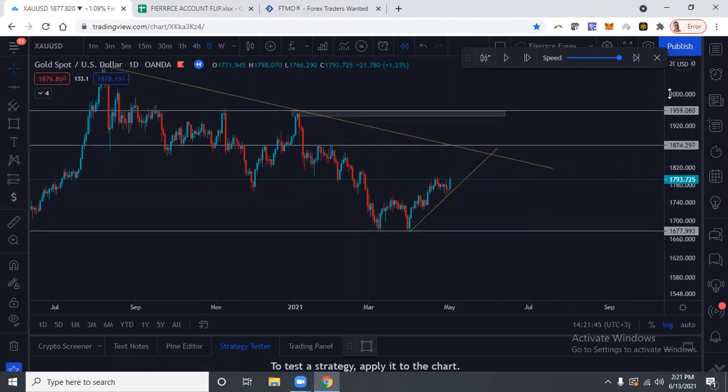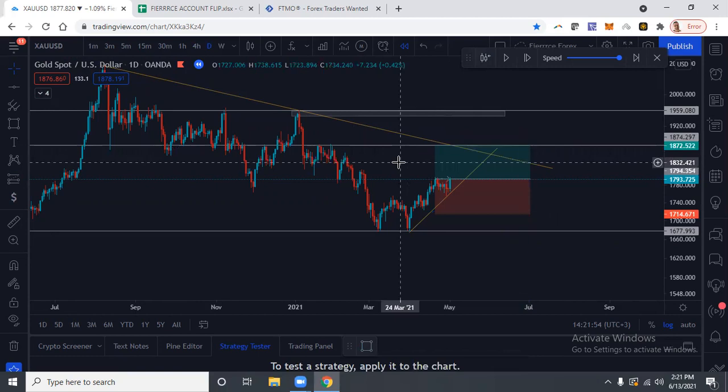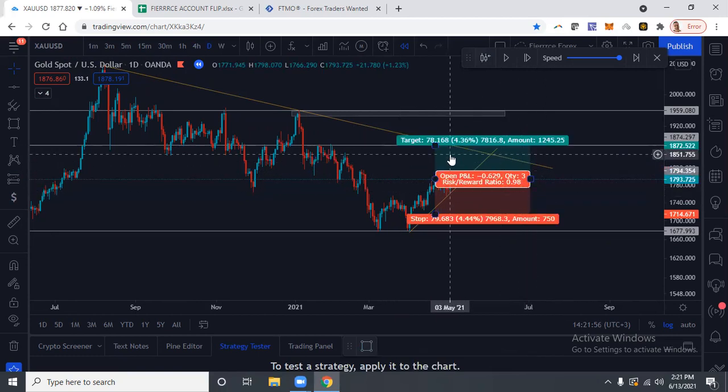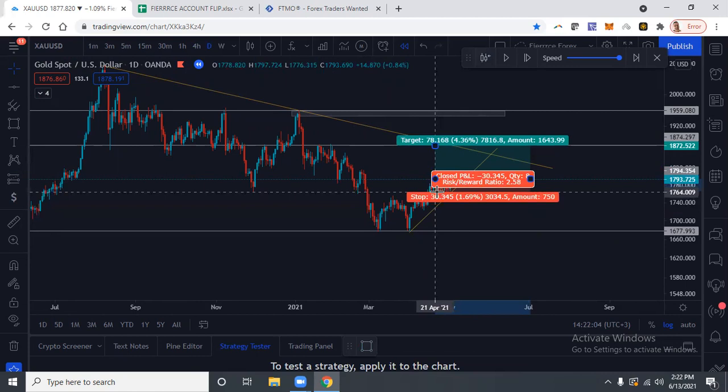So that's what I'm looking at, and this would be a target for me. I'm seeing a bullish engulfing candle right there, 781 points, pips.